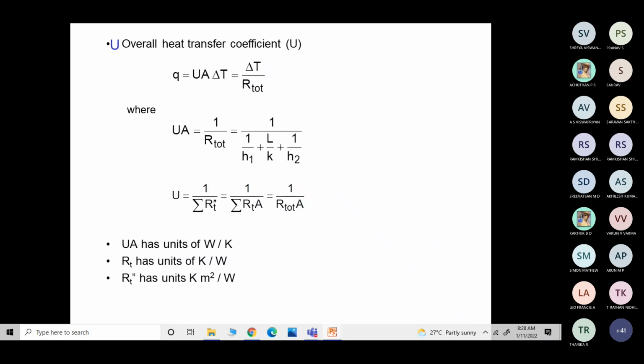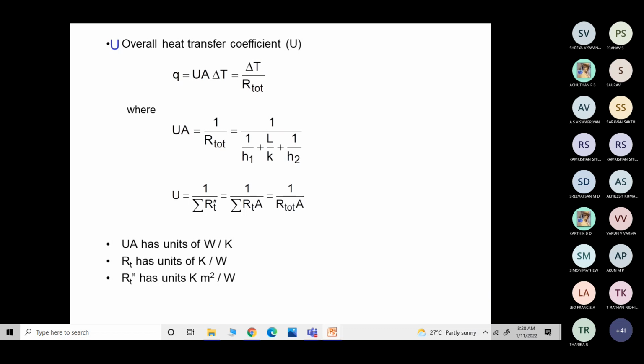Now instead of denoting all these resistances, we use one coefficient known as the overall heat transfer coefficient. Normally all the practical devices we have will have a combination of convection and conductive resistances. I have told you about the car radiator, engine cylinder, everything.